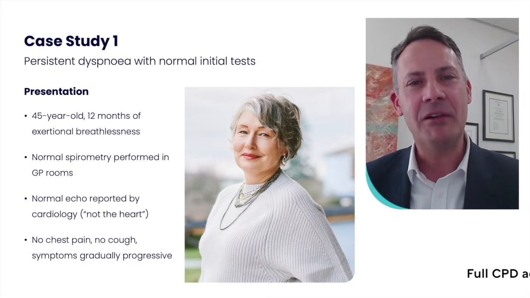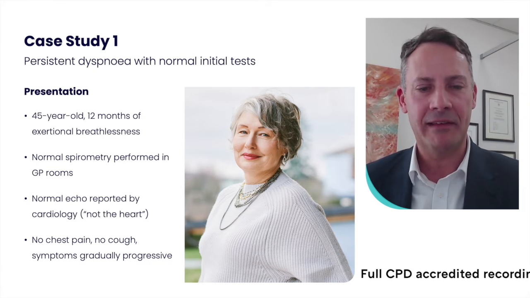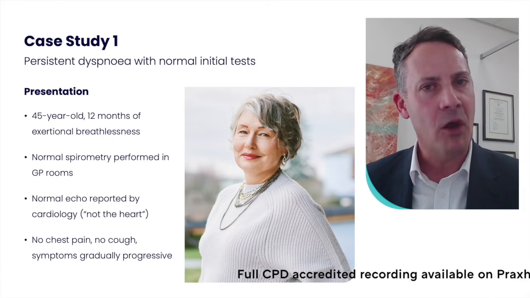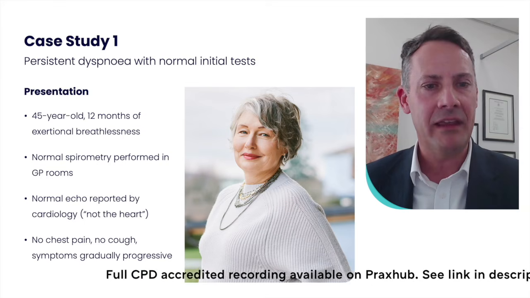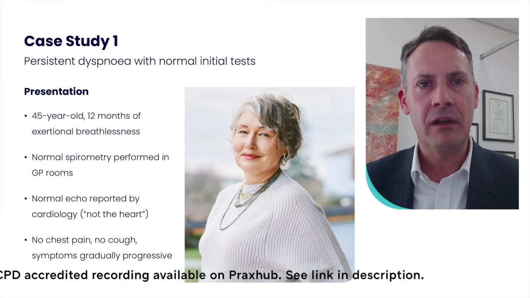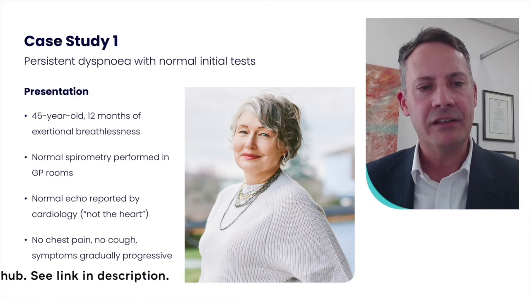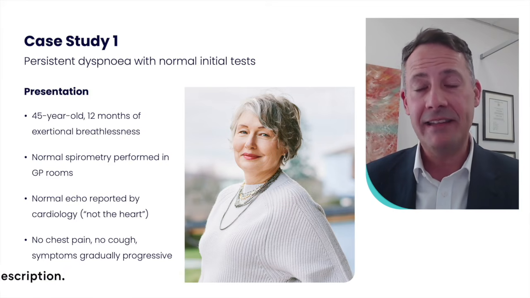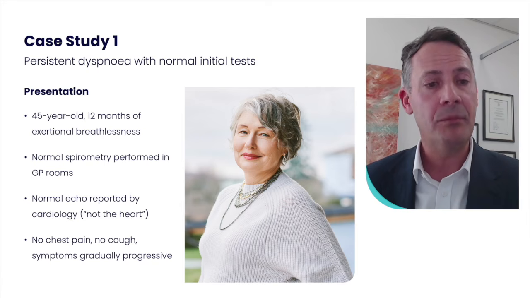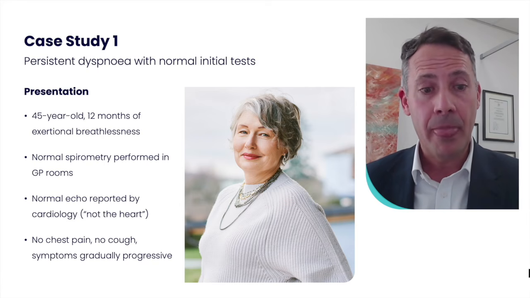And she's been experiencing 12 months of exertional breathlessness. She really has no other comorbidity. She's otherwise well and healthy, has never had asthma before, is a non-smoker. And the GP did have spirometry in their rooms and it was normal.